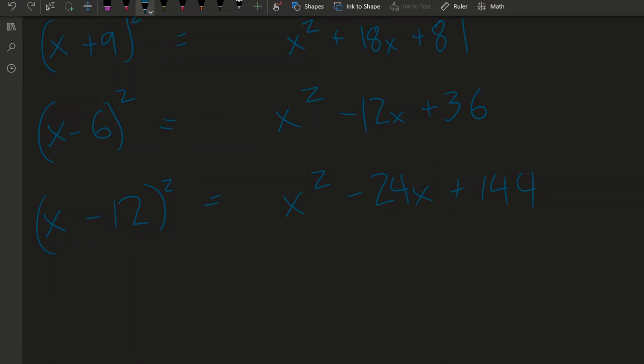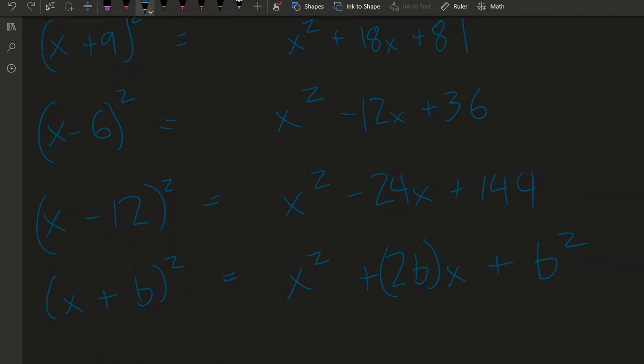Now, what's the pattern here? You should be able to see if I asked you to do x plus b squared, that would be x squared plus whatever b is doubled times x plus whatever b is squared.